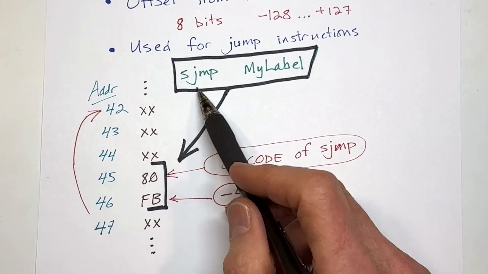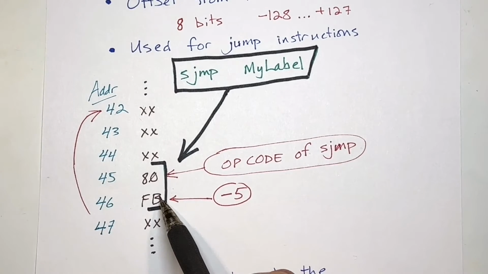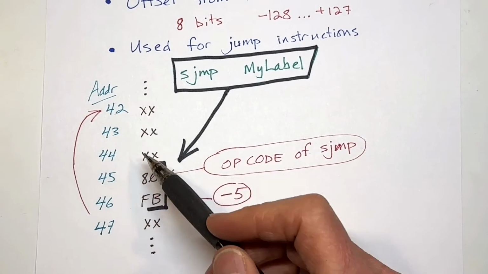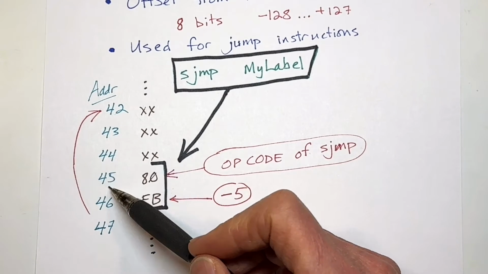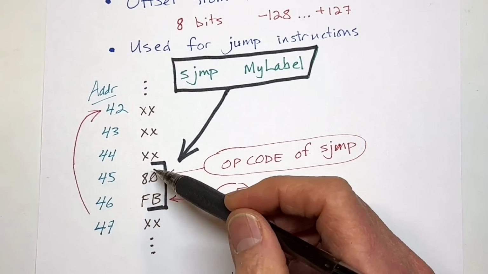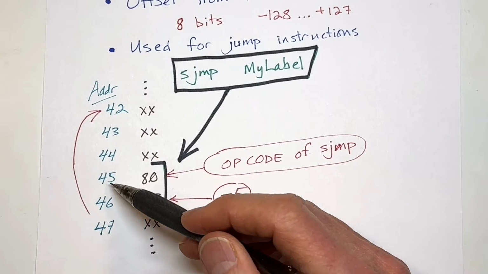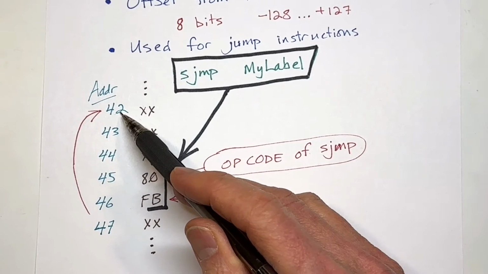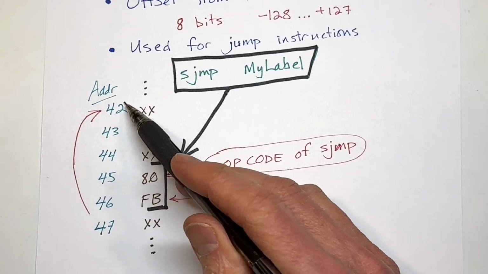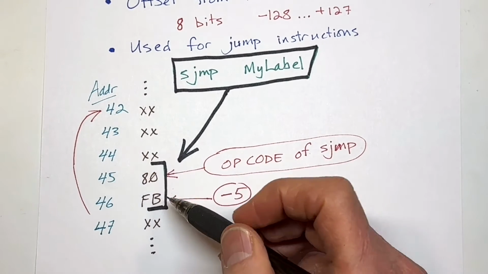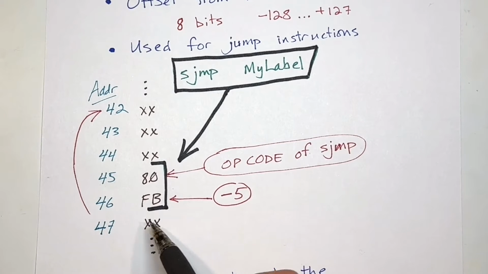Well, the opcode for sjump is hex 80, and then we look at where my label is. So let's say this goes into these particular memory locations in the flash, and that the instruction is right here at address hex 45, and my label is up here at 42. So we want to jump relative to the program counter backwards a few bytes. And the counting occurs from the address of the following instruction.